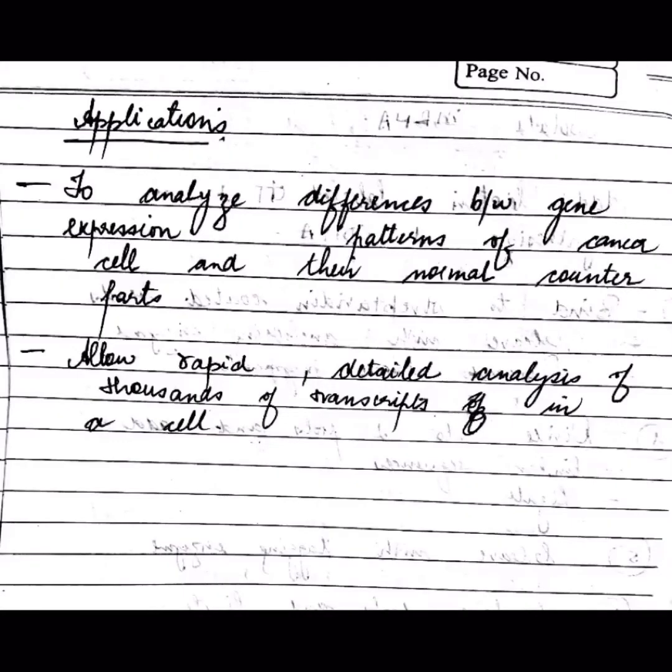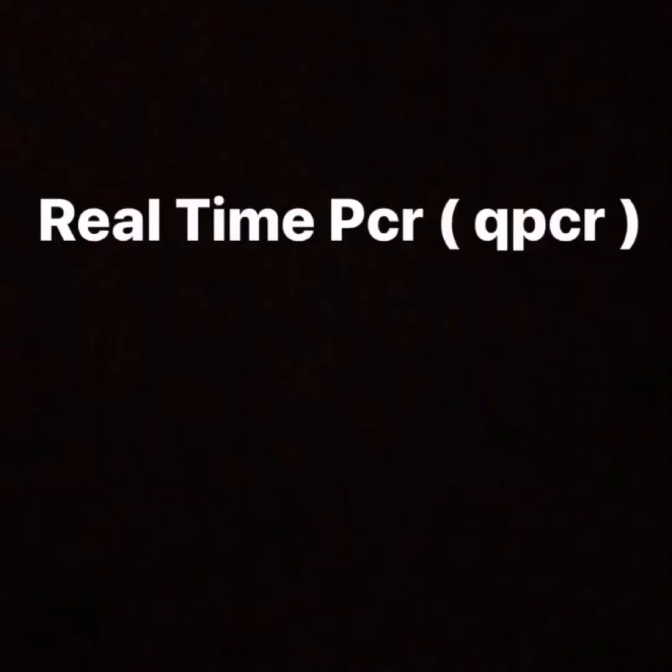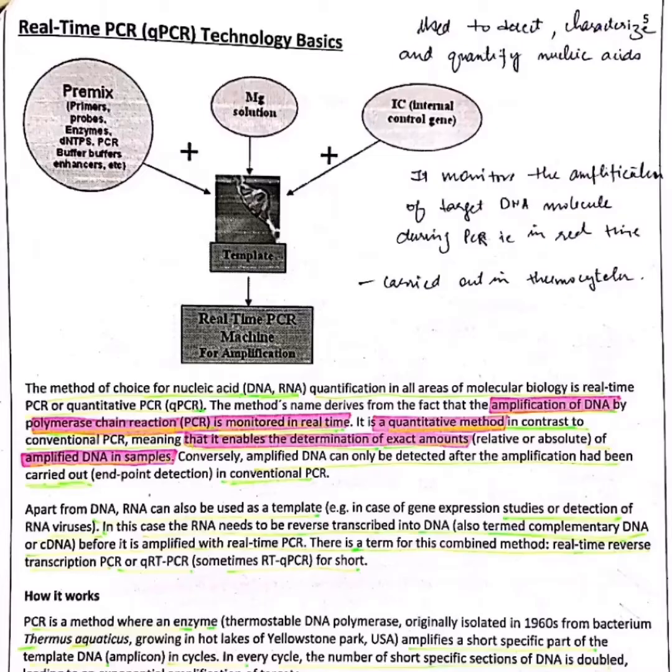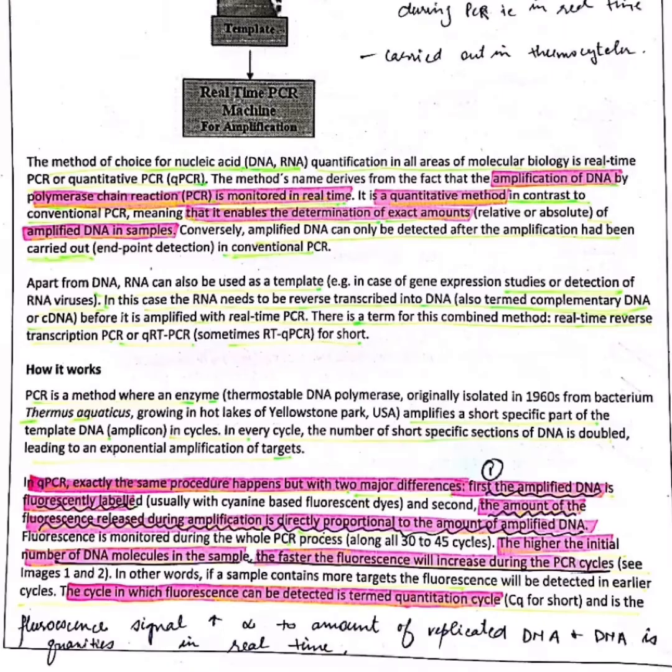Now next, what we will study is real-time PCR, also known as qPCR. Real-time PCR is basically used to detect the nucleic acid and quantify them as well. These are my printed notes which I have highlighted. You can use them, take out the important points, take out the method out of it, and just write them in your own words.